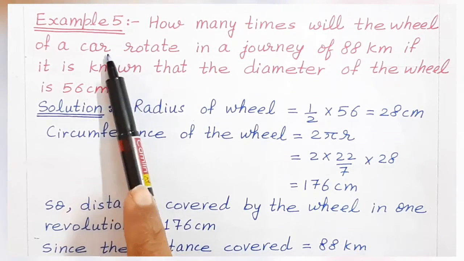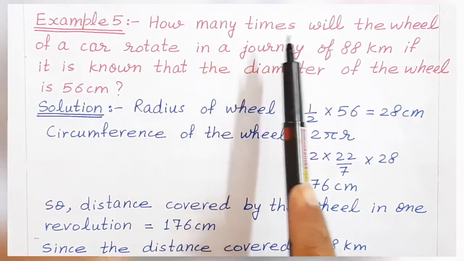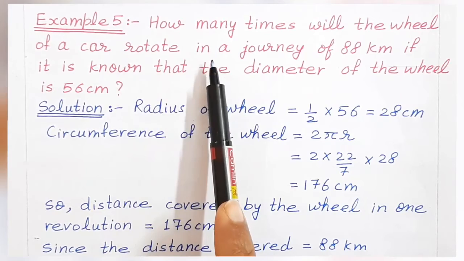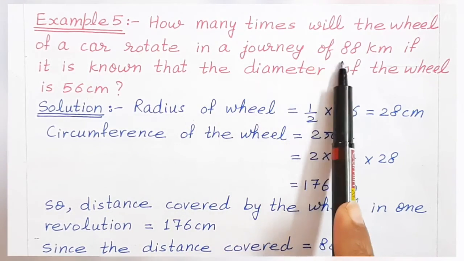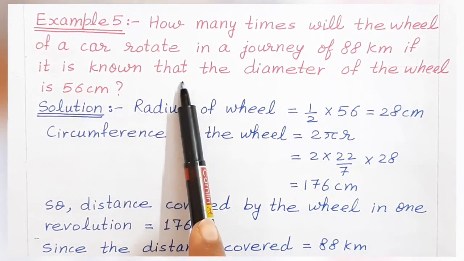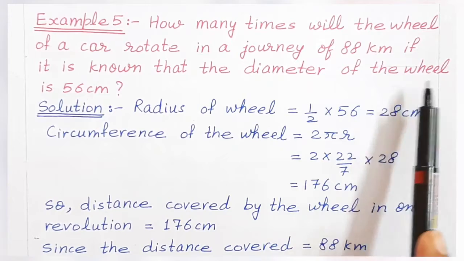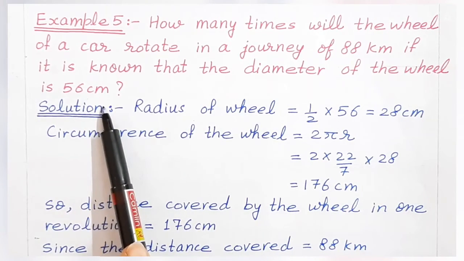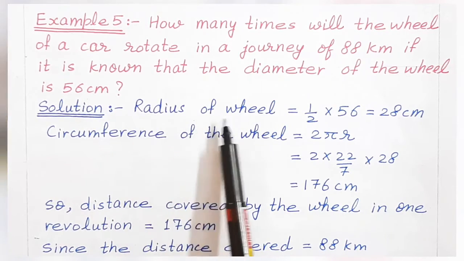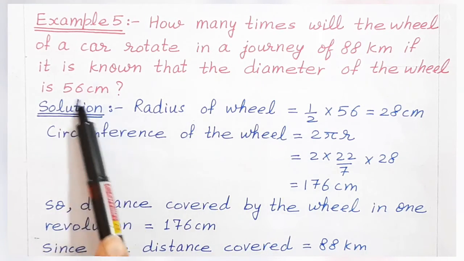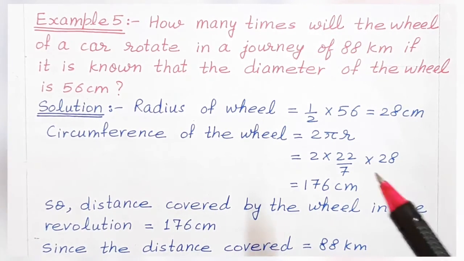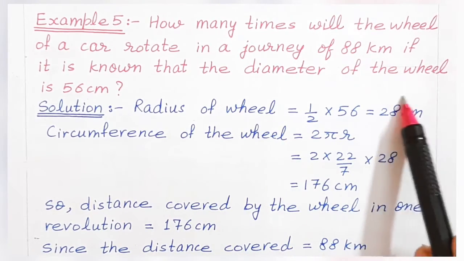Now the next example is: how many times will the wheel of a car rotate in a journey of 88 km if it is known that the diameter of the wheel is 56 centimeter? Clear? Now here the radius of the wheel will be half of 56 because 56 is the diameter given. So here the radius is 28 centimeter.